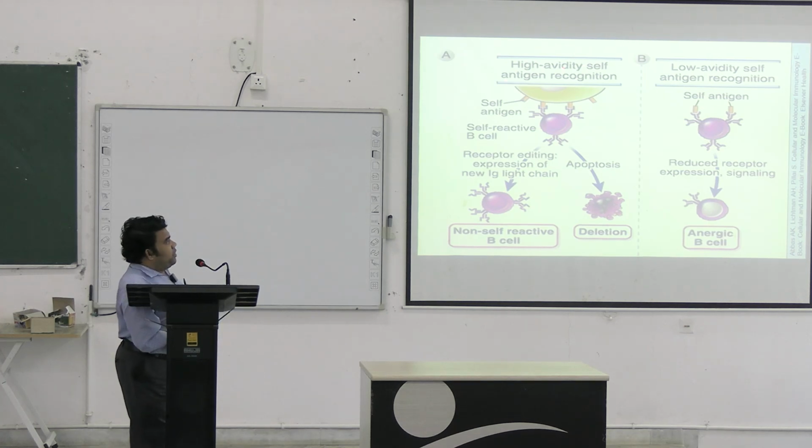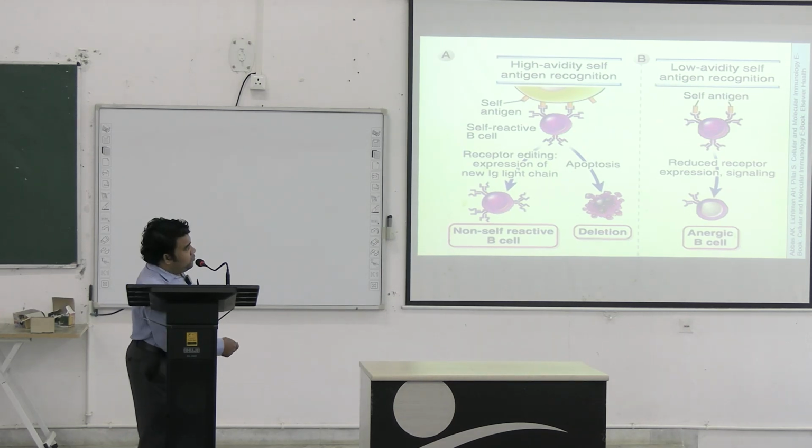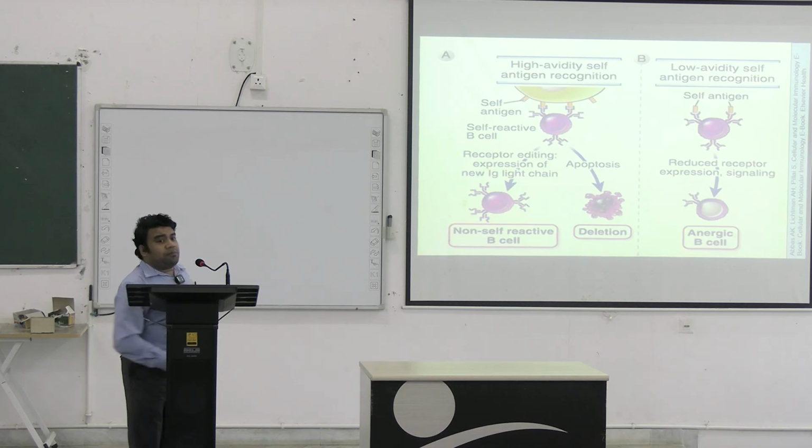So, in high avidity, if there is a non-self reactive B cell, it will undergo development, whereas if it does recognize self, it will undergo deletion, that is negative selection. But if the avidity is low, it will become anergic, that means it will not produce antibodies.